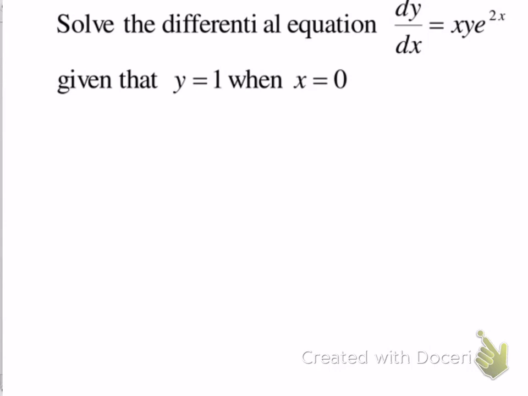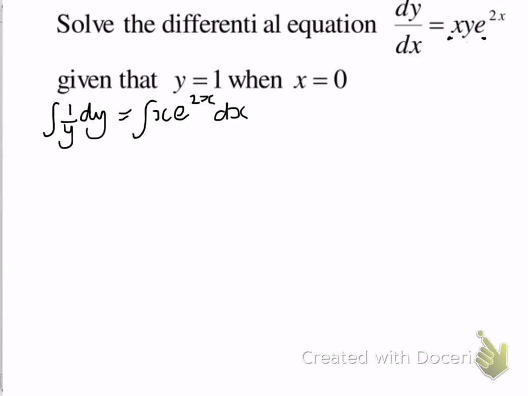Right, so rearranging this, we can bring the y over, so we can say the integral of 1 over y dy is equal to, and we're left with the x and the e to the 2x, the integral of x e to the 2x with respect to x.